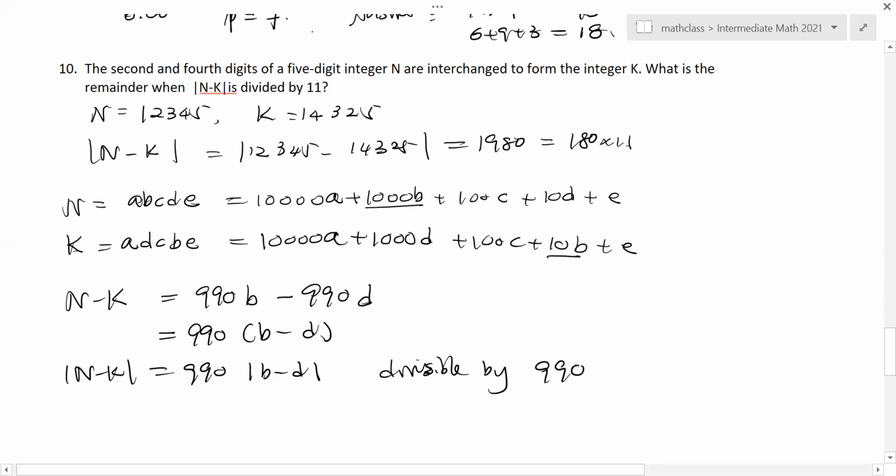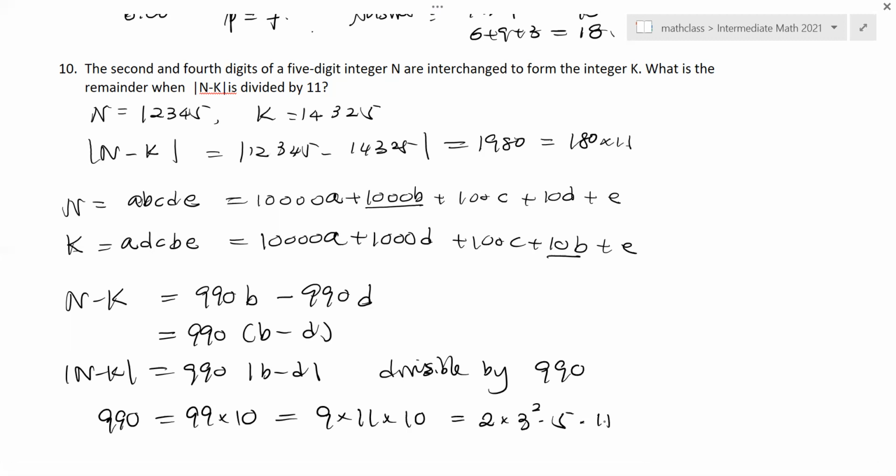Of course, it's divisible by 11 because 990 is divisible by 11, right? So 990 is 99 times 10, which is 9 times 11 times 10. The prime factorization gives you 2 times 3 squared times 5 times 11. So 990 is always divisible by 11, by 5, by 9, by 2.